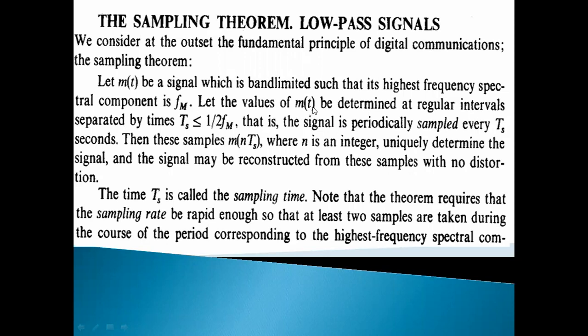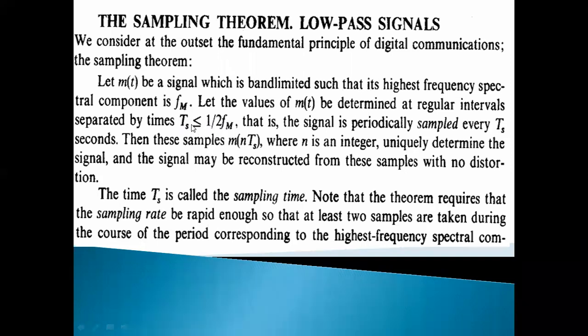The time interval Ts, the sampling time for the message signal, is less than or equal to 1 by 2fm. So the signal is periodically sampled at every Ts seconds. Ts is the sampling period, and it should be less than or equal to 1 by 2fm.